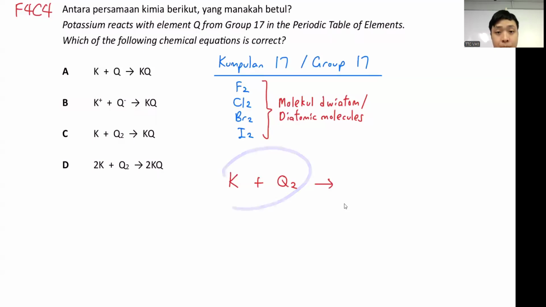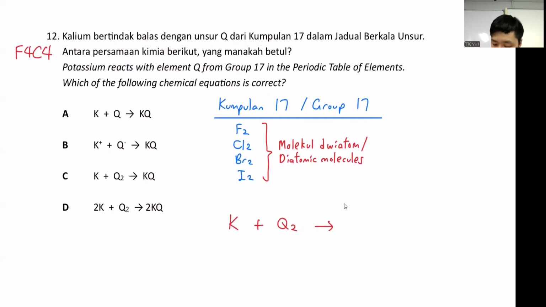Now you look at the charge. Potassium is in group 1, so potassium will donate 1 electron to become K+. So the potassium product charge is K+. We look at the charge first, then we combine.